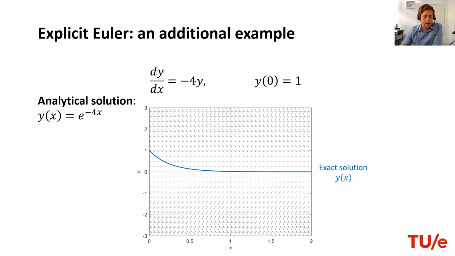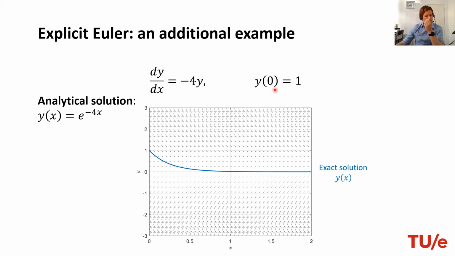Now let's also look at an additional example. An additional initial value problem that we'll be looking at is the following. It looks very simple. We have that the derivative of y with respect to x should be minus 4 times y, and we have an initial condition of y evaluated at 0 should be 1.